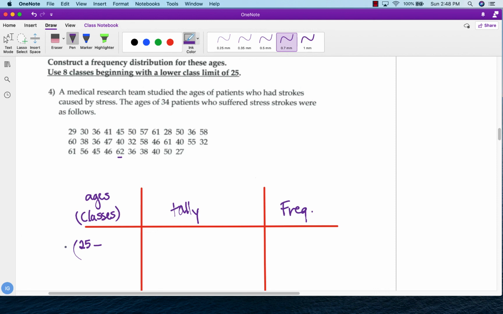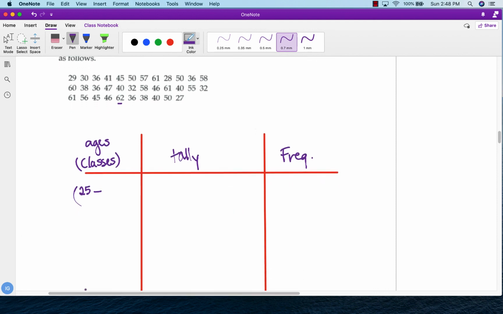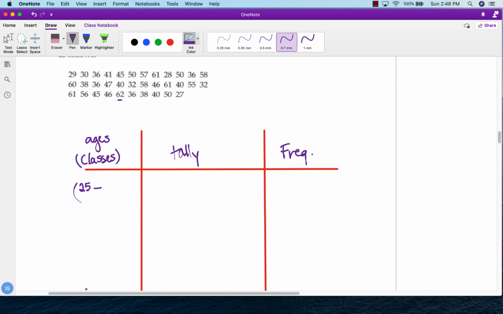So if we're going to divide this into 8 classes, I think the appropriate way to do it here will be if we do 25 to 29, and then 30 to 34. So make the width of each class 5, okay? And then 35 to 39, 40 to 44, 45 to 49.